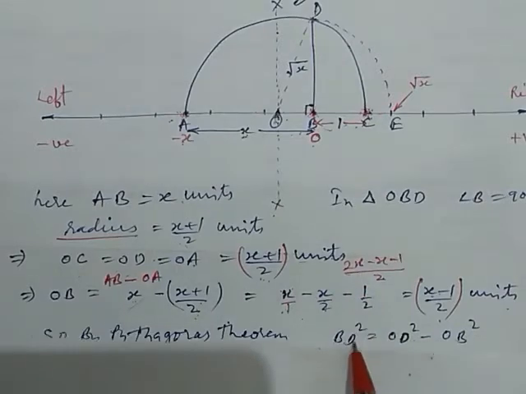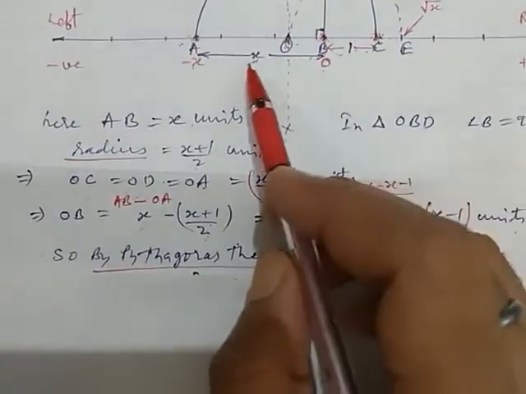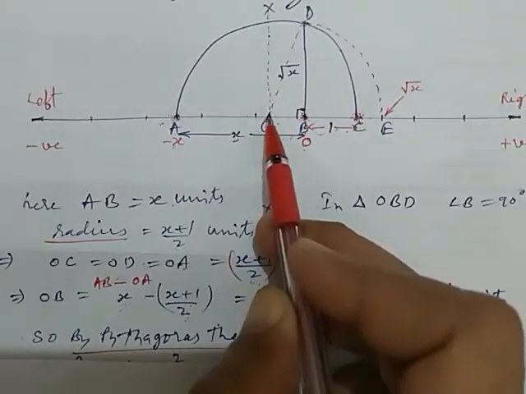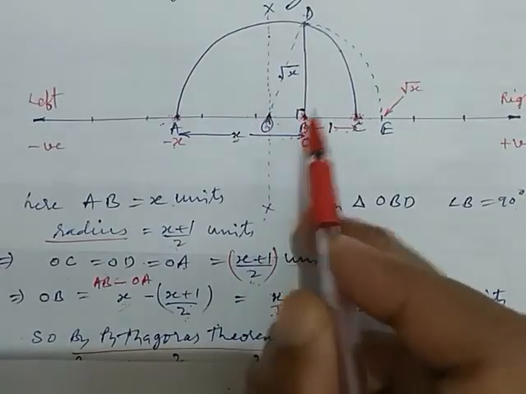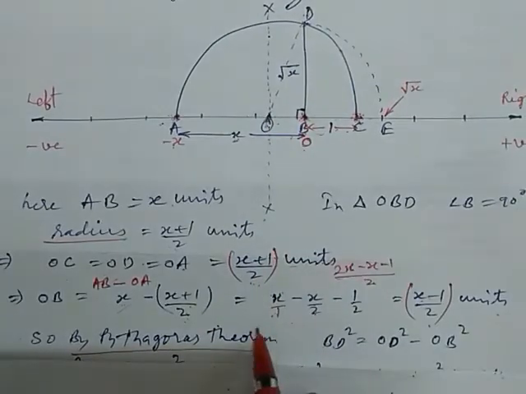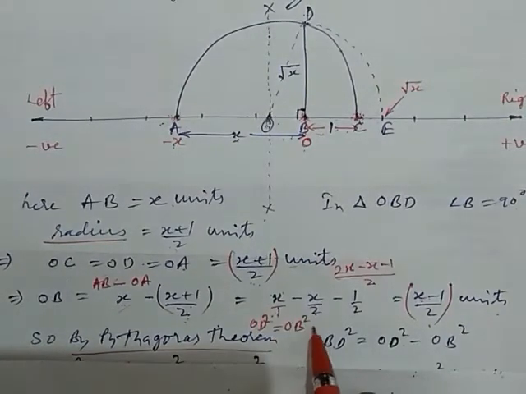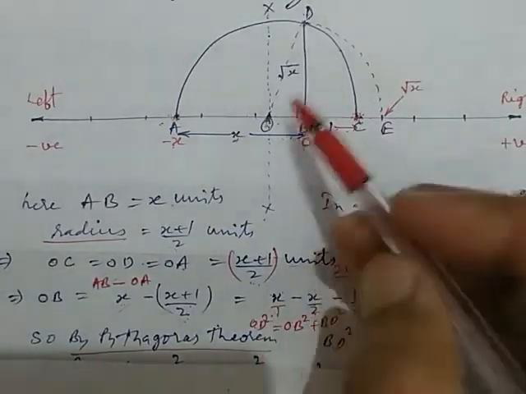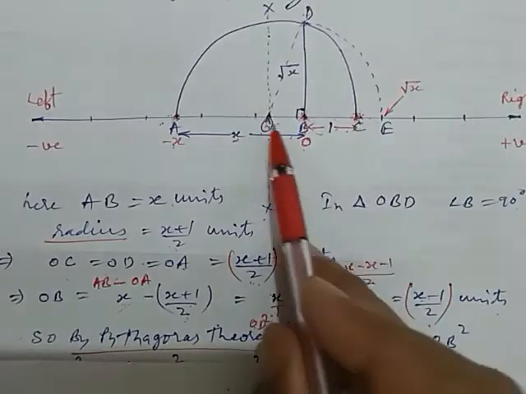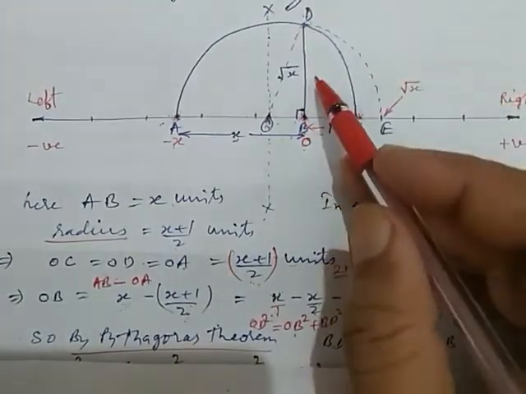Now when we take the Pythagoras theorem, what we get? OD square, this is hypotenuse, OD square equals OB square plus BD square. Means this OD hypotenuse, this OB base, this BD perpendicular.